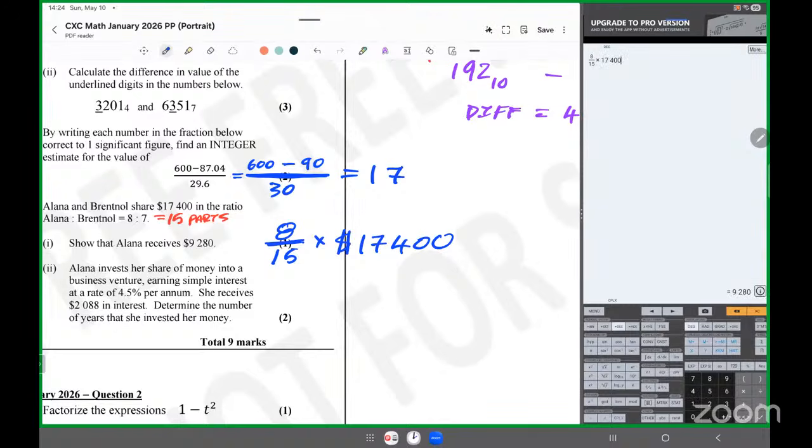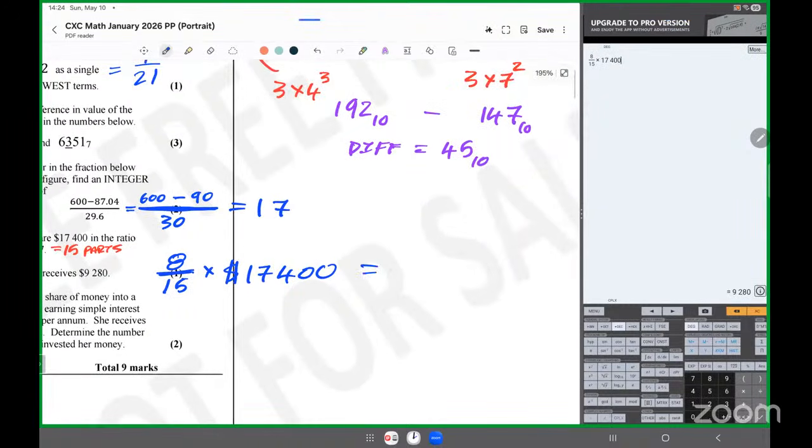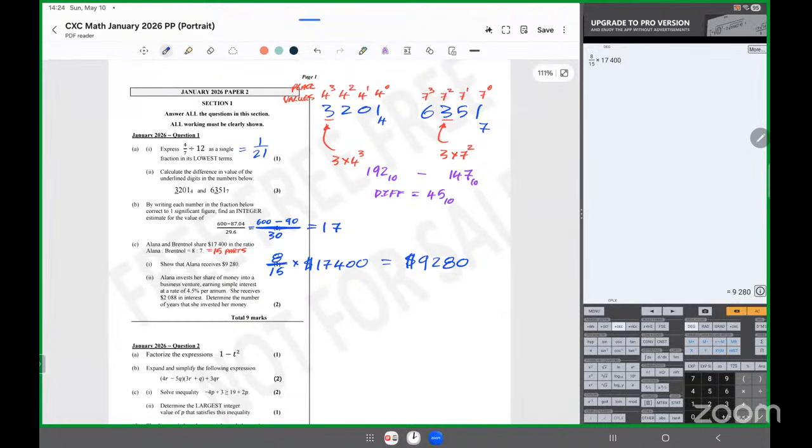Good, I'll get the same figure, right? That is equal to 9280. So shown, right? That is it, shown.